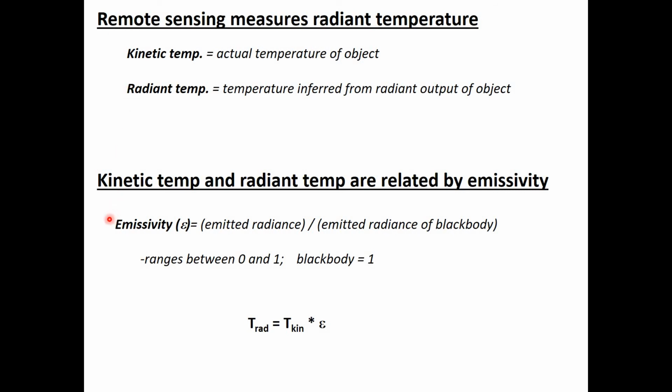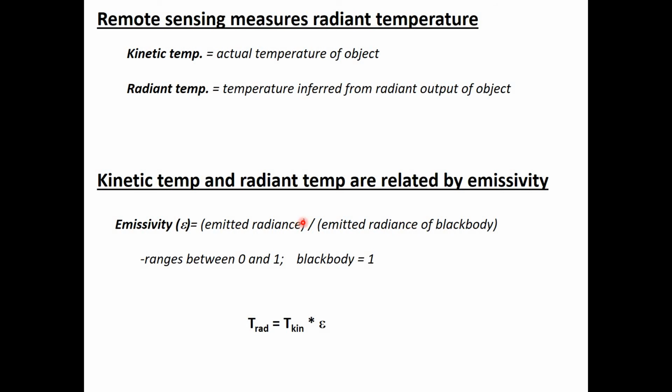These two things are related by this term called the emissivity. It's another fractional term, and it's the emitted radiance divided by what the emitted radiance of a perfect black body would have been, okay? So suppose you've got a rock at 40 degrees Fahrenheit.